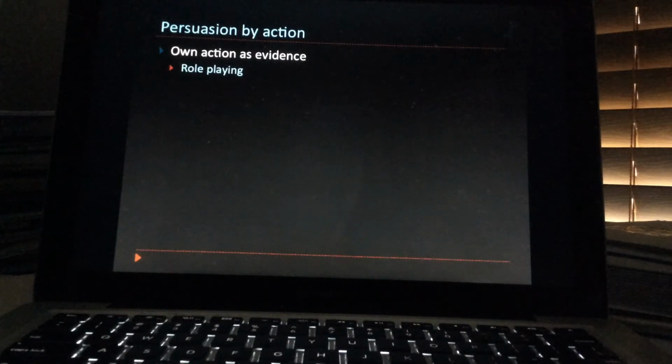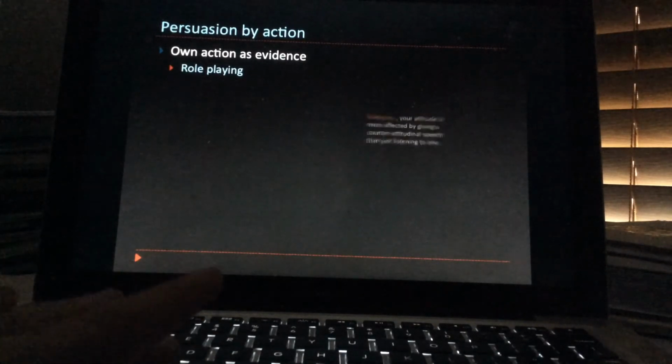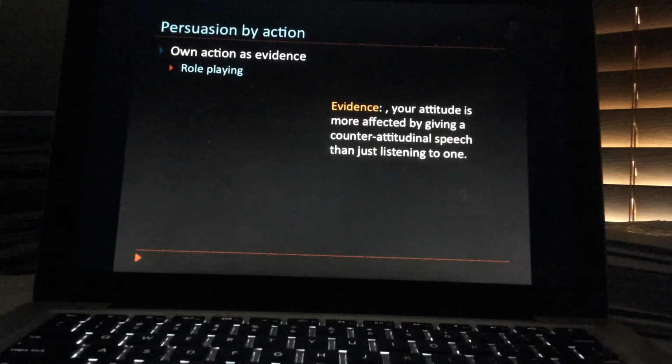Right, so this comes into ideas around role-playing. Some evidence that we have around role-playing as persuasion by own action is that if you give a counter-attitudinal speech, so you give a speech about something that you don't believe in, you're more likely to be affected by your own speech than if you listen to the same counter-attitudinal speech.